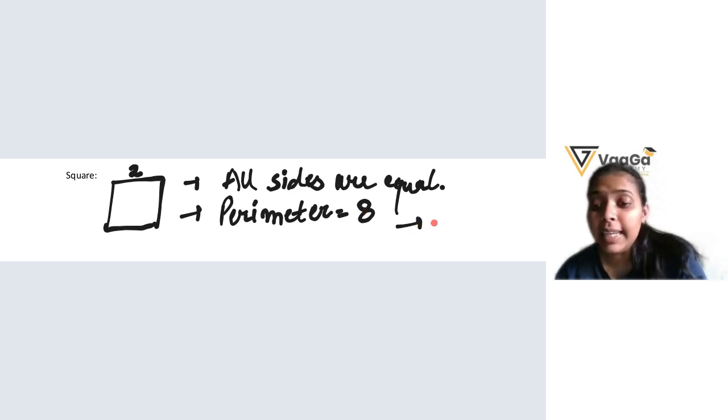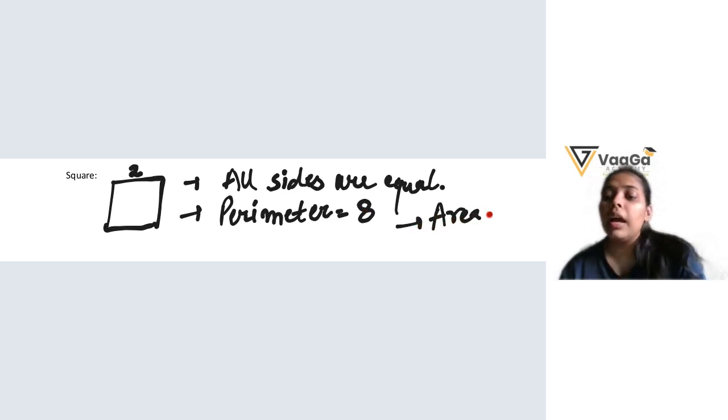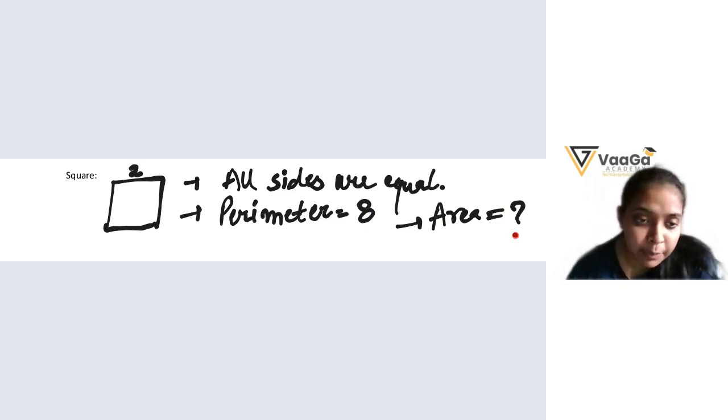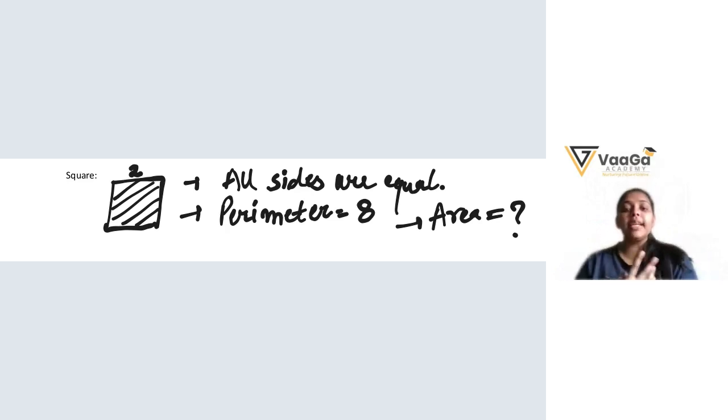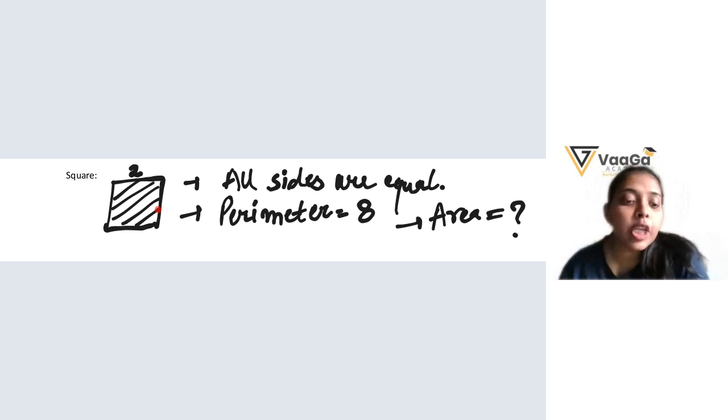Now, what about the area? How do we calculate the area in a square? Do you know this is the horizontal side and this is the vertical side?